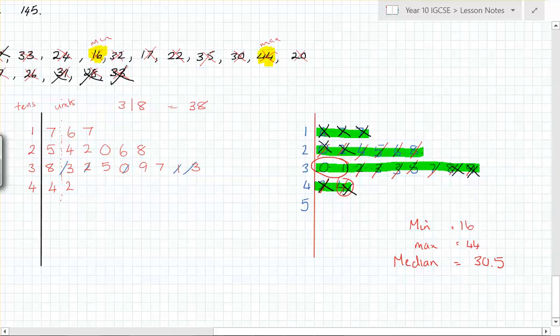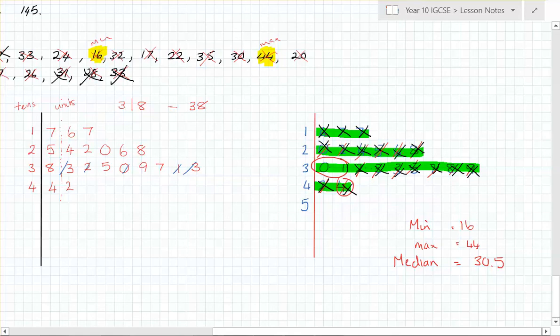I keep going backwards and forwards like that until I'm left with the last two, and find the middle. If I get left with one number on its own, fine. I'm happy with that. If I cross both of them out, I know I've got a problem.